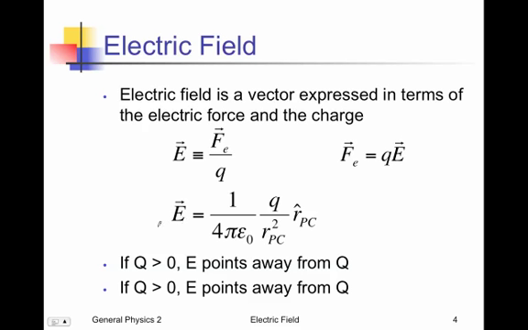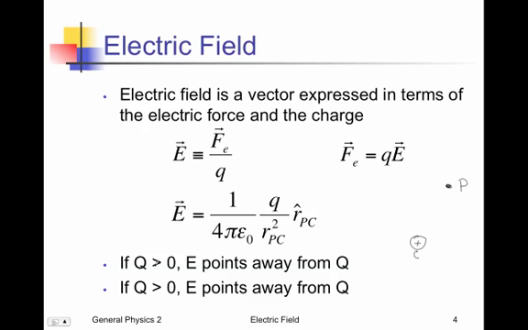And so we have 1 over 4 pi epsilon naught times q over r squared. So P would be the location where I'm looking. So if I have a charge, say this is my positive charge, call this C, and I want to know what the field is at this point, my r_PC is the vector going from C to P. So that's what the r_PC represents.